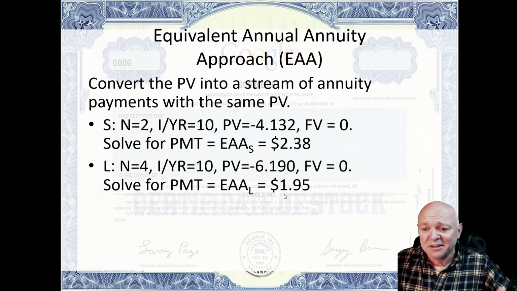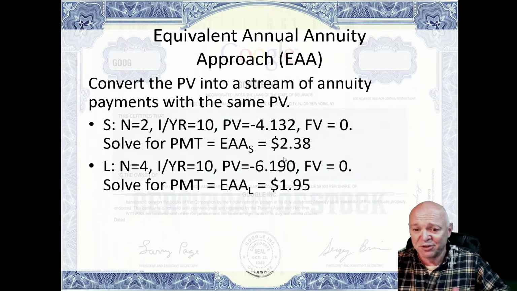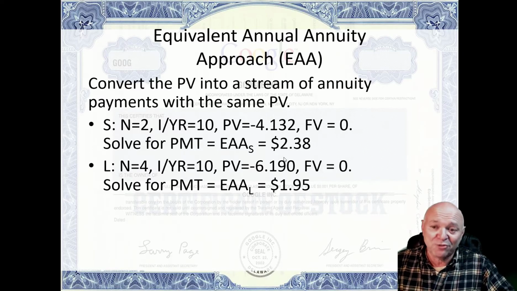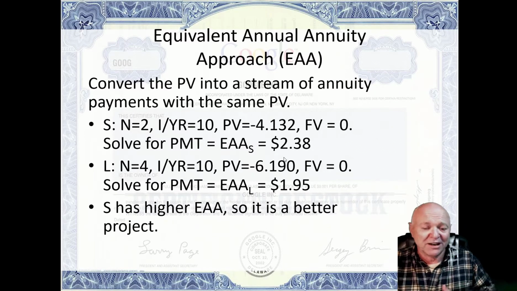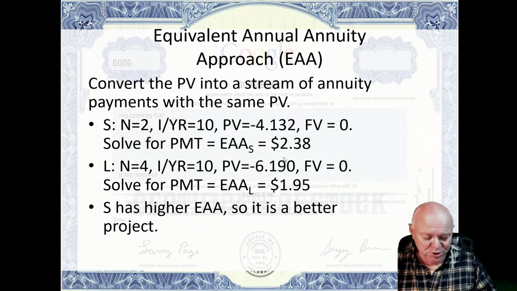The annuity that it provides is 1.95 or $1,950, which is actually smaller per year than the annuity for the hybrid electric alternative, the first one. So we'd be far better off not taking the second one with the higher present value, but taking the one with the highest annuity value. So since Project S has the higher equivalent annual annuity, it's a better project.